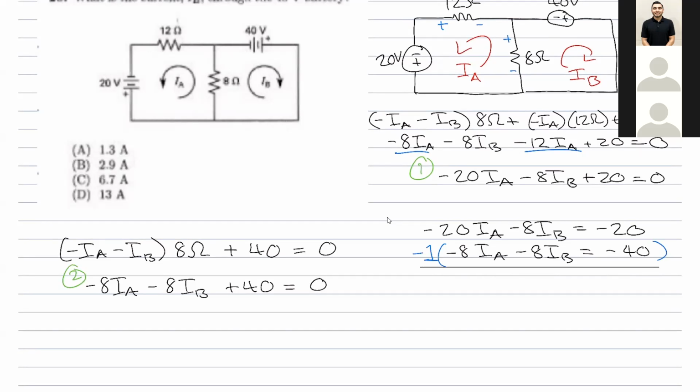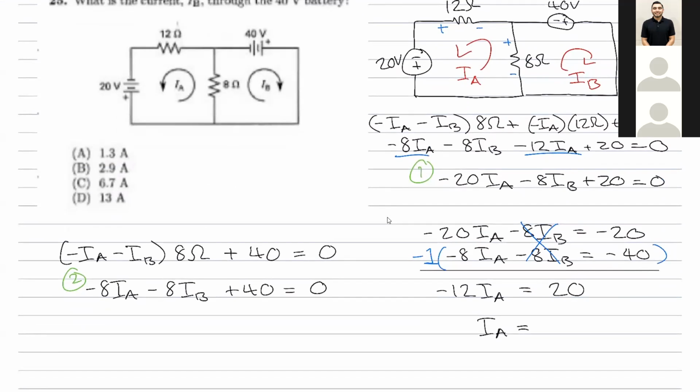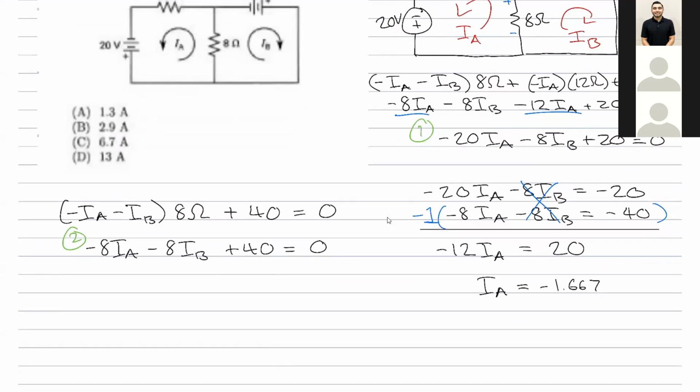That way we get negative 12 IA, and these would cancel out right here. And you're going to be equal to 20, I believe. Yeah, 20. Okay. So then IA is going to be equal to 20 over 12, about 1.667 or something. All right, now we just plug that bad boy back into one of those equations and we got our answer.